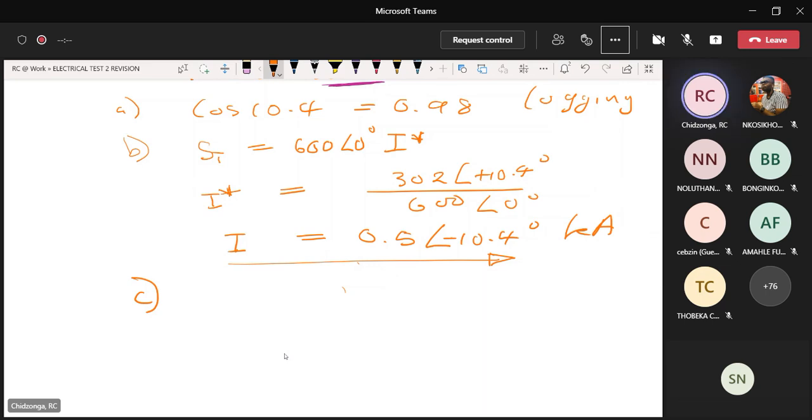Now remember, S, you now have it, is 302 angle 10. Can you please give me S in rectangular form? We have it in polar form, 302 angle 10, but give me in rectangular form.